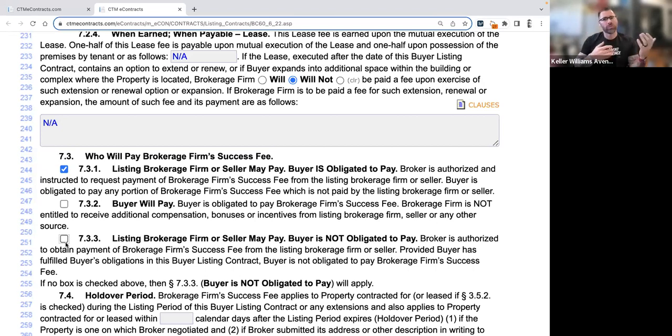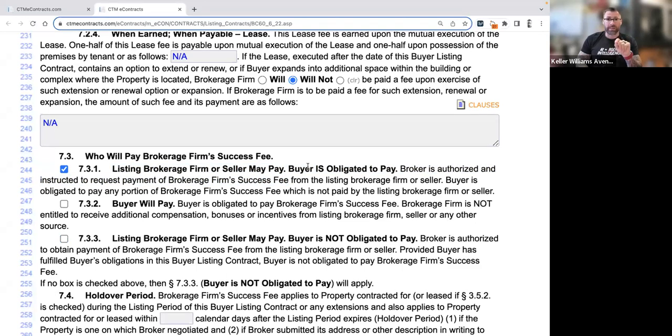Now, they've always been able to say, like, no, we're not going to offer $1 or $500 or whatever. But now they actually can say, in the MLS, no, we're offering $0. Like, show the house if you want, but we're not paying you anything. Well, if you have this box checked, 7.3.3, you're getting paid $0 if your client wants to write on that house. If you have this one checked, this is what you have the ability to do.